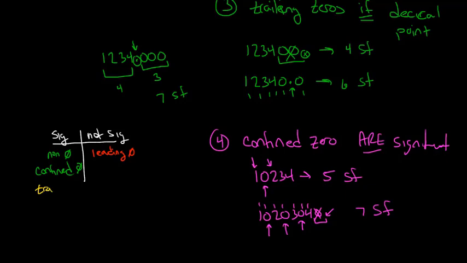Trailing zeros can be significant if you see the decimal. If you don't see a decimal, trailing zeros are not significant. So if you don't see the decimal point, trailing zeros are not significant.